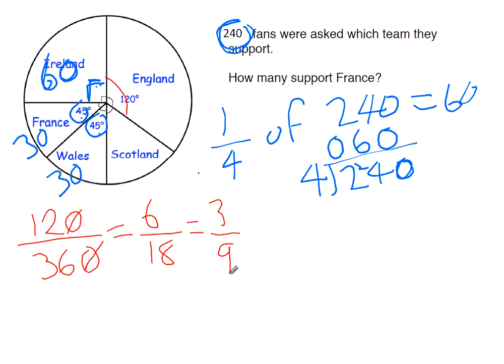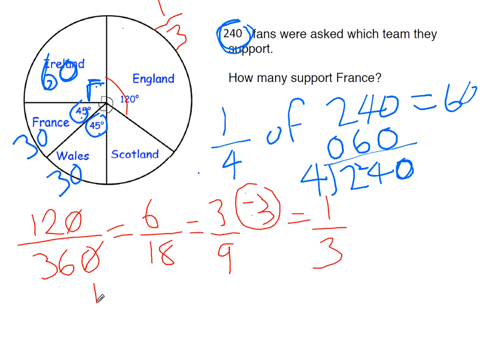But we know we can divide the top and bottom by 3 because 3 goes into 3 and 3 goes into 9. So 3 divided by 3 is 1, 9 divided by 3 is 3, 1/3. So England is represented as 1/3 of the pie chart.